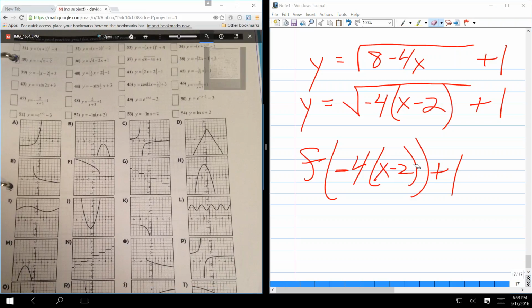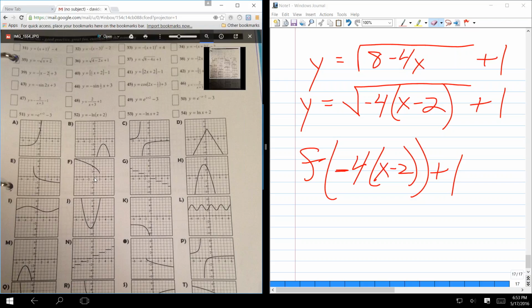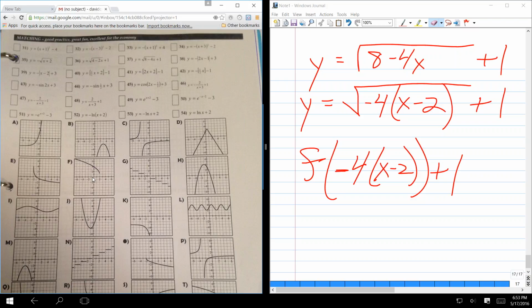So let's see. When x is 0, what is y? In other words, if I look at the F chart, I can see where x is 0 and y is 4. So it'd be square root of 8 plus 1. How is that 4?